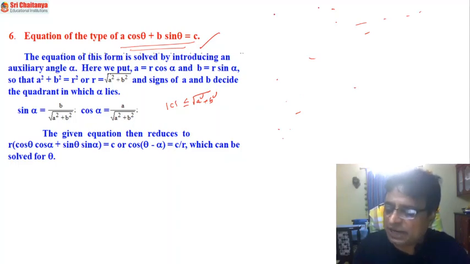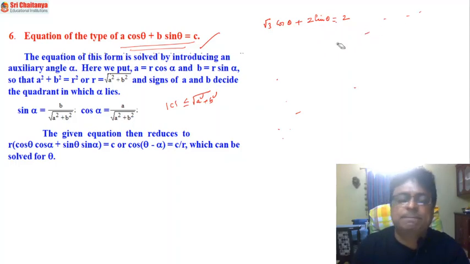First, let me explain with a simple problem. Suppose this is the problem given to you: root 3 cos theta plus 2 sin theta equal to 2. Then how to solve this problem? It looks like the above structure only, or equal to 1, I can say. I take this as 1 only.